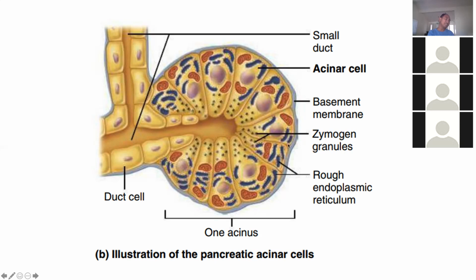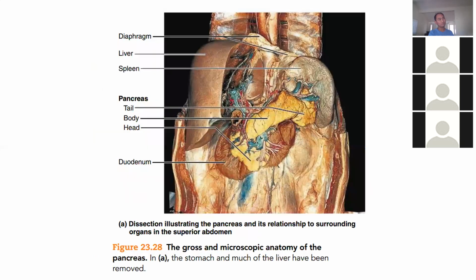So these acinar cells will secrete all their secretion into the pancreatic duct. Small ducts will join and finally become the main pancreatic duct, which is draining all along the pancreas.